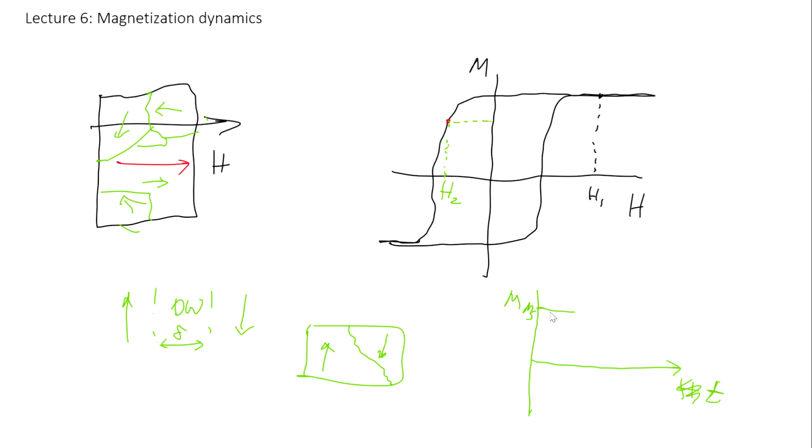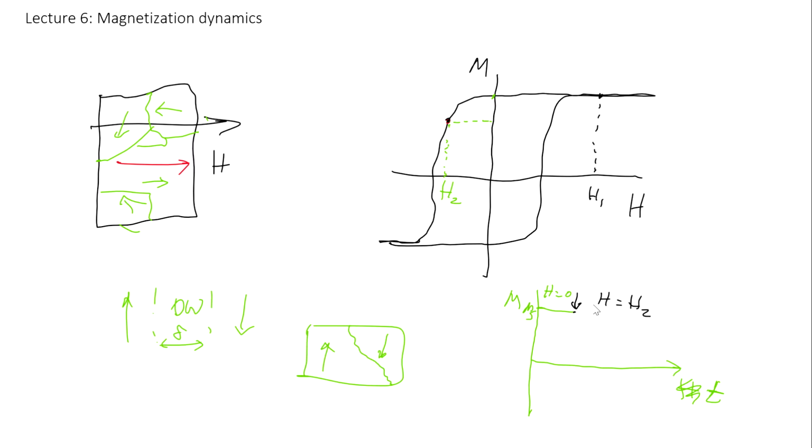You can sit at zero field, so here H is 0. And then suddenly you turn on the field equal to this negative field, H2, at this particular moment of time, right here.